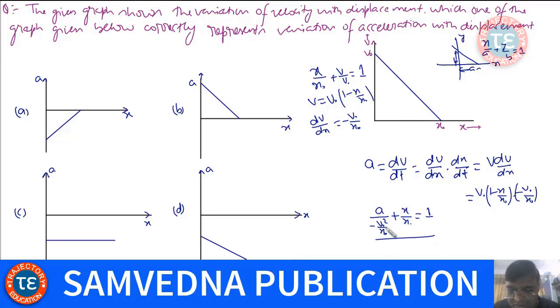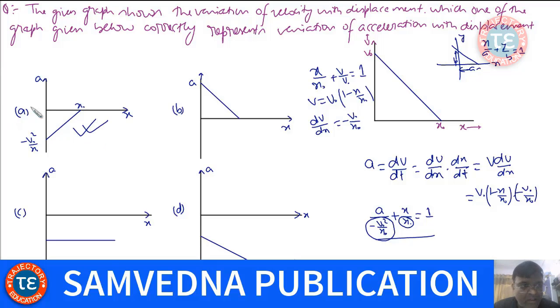And see, x naught is positive, v naught square has to be positive, so this is negative and this is positive. So on the a side, this will be minus v naught square by x naught. This will be x naught.